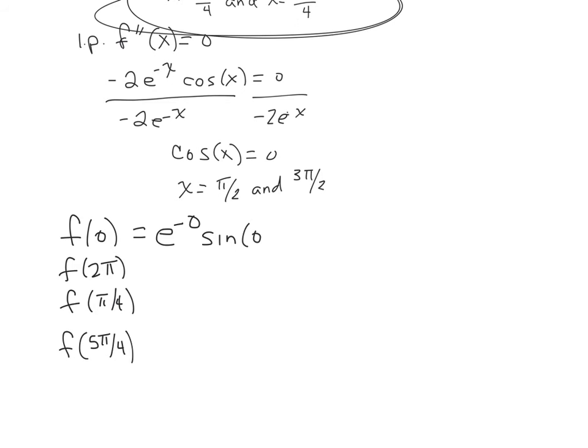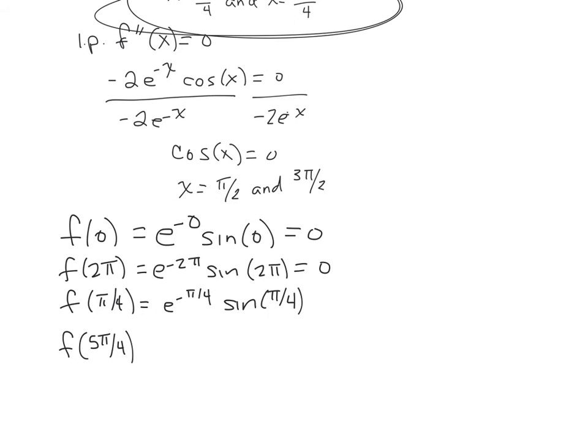Well, I know sine of 0 is 0, so that's 0. I know sine of 2 pi is 0, so this one's 0. If I plug in here, I have negative pi over 4, sine of pi over 4, and then this last one, 5 pi over 4 and sine of 5 pi over 4.